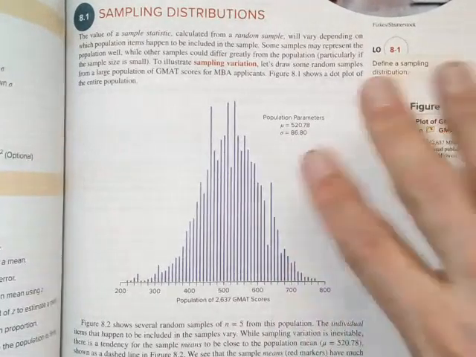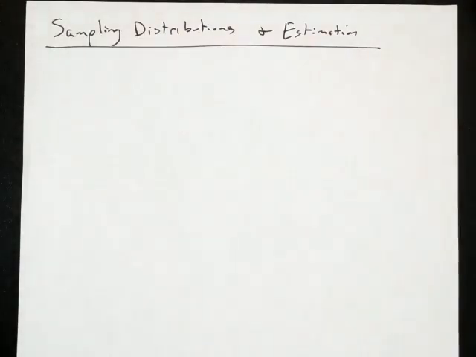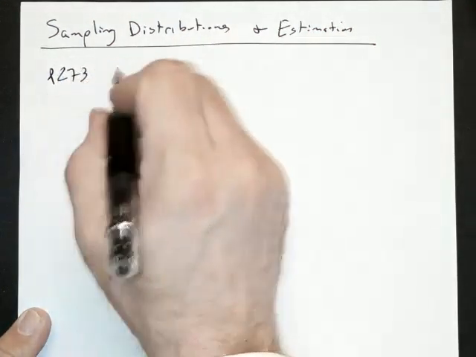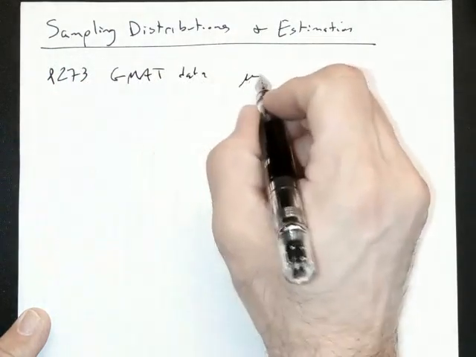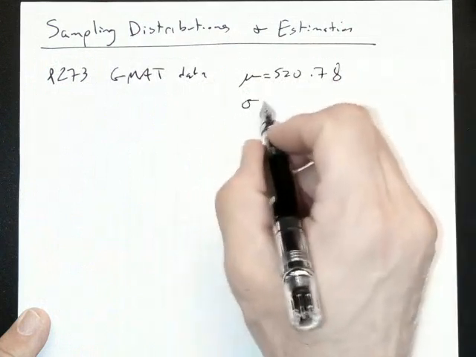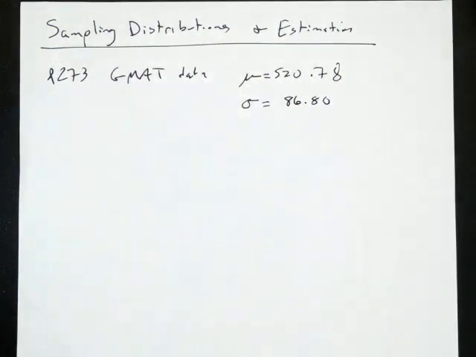Page 273. I'm just going to write down those two pieces of information. My GMAT data has an average of 520.78 and a standard deviation of 86.8.